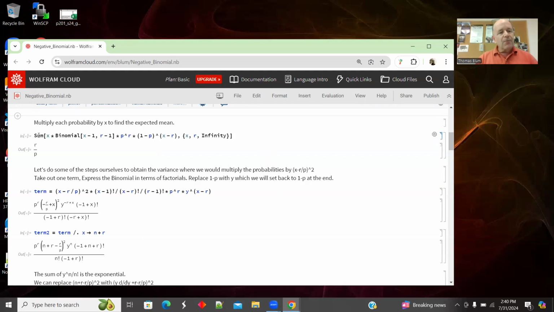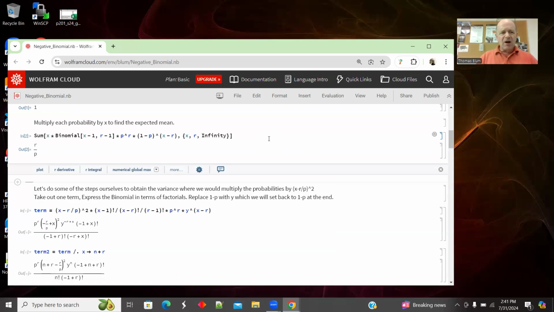Here we have the same sum, except I'm throwing in an x, and that will give me the mean. What am I expecting on average for the number of tries to get the r successes? It comes out to be r over p.